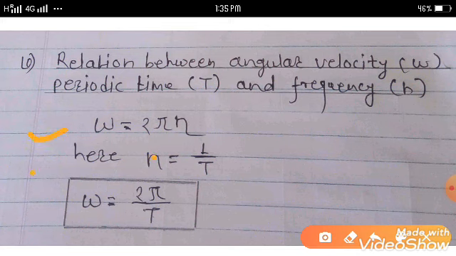Here omega is the angular velocity, n is the frequency, but we know that n equal to 1 upon T, means the reciprocal of the period is called frequency. Put this value in the above equation, we get omega equal to 2 pi upon T. This is the relation between angular velocity, periodic time, and frequency.